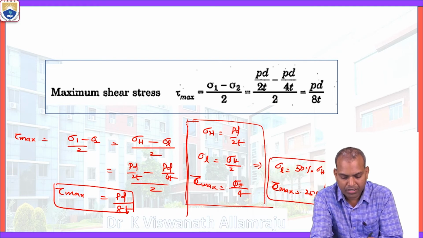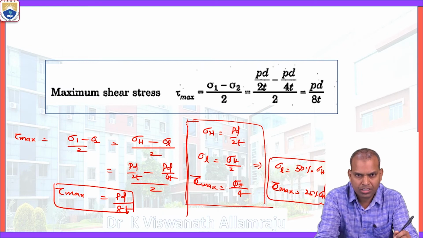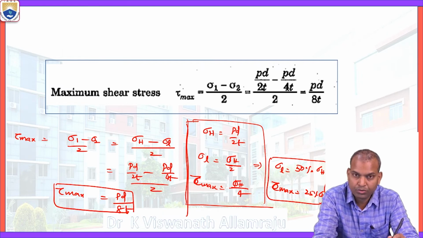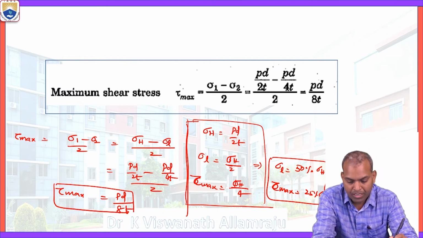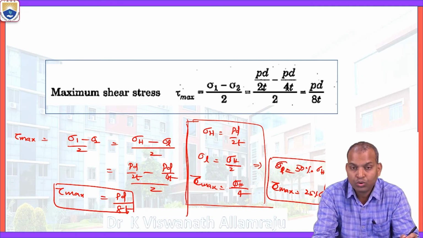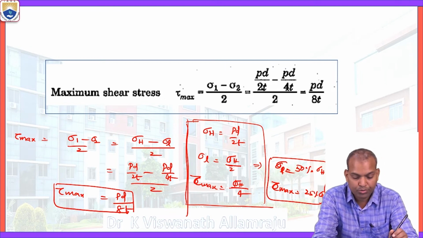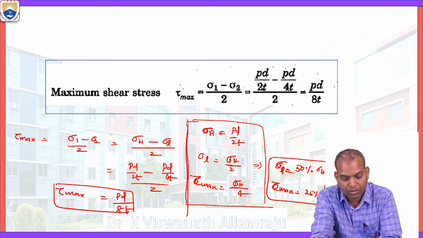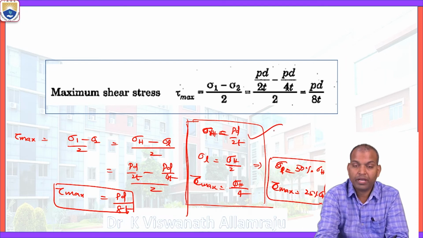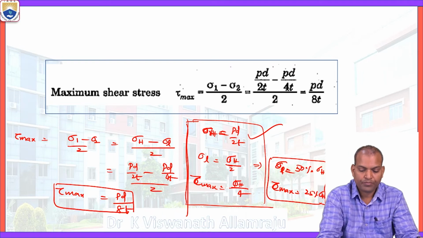In that manner we can know the longitudinal stress and maximum shear stress developed, provided the hoop stress sigma h is known.